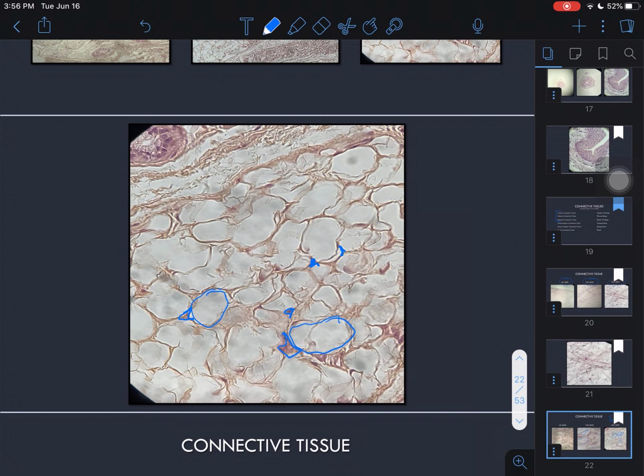So nuclei, probably more than one, probably 1, 2, 3, 4, 5 nuclei. You'll see them where they all group together near the walls of their cell membranes, all together. So this is adipose connective tissue.